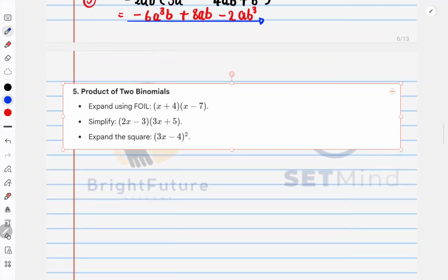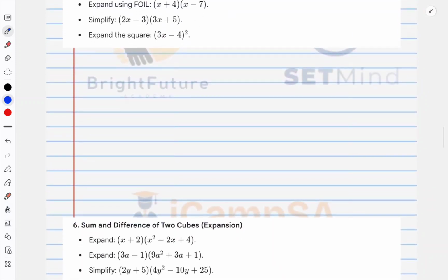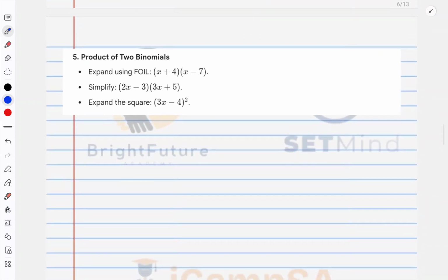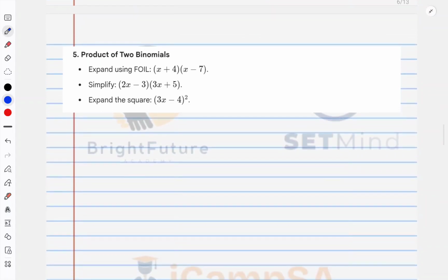and this will be our final answer in this expansion. Okay, now we're doing an example of the products of two binomials. Let's say for our number one, we have what? x plus 4 times x minus 7. We follow.